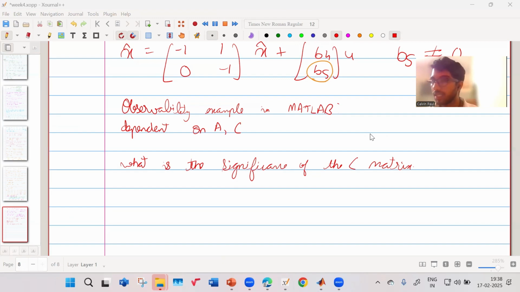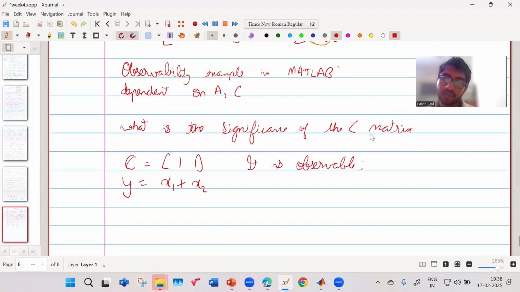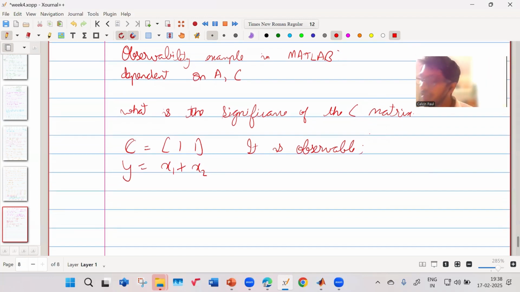Now we showed that if your C matrix was [1, 1], for the example which we did on MATLAB, it is observable, right? That means in this case, my output Y was x1 plus x2, and it is observable. What does it mean?